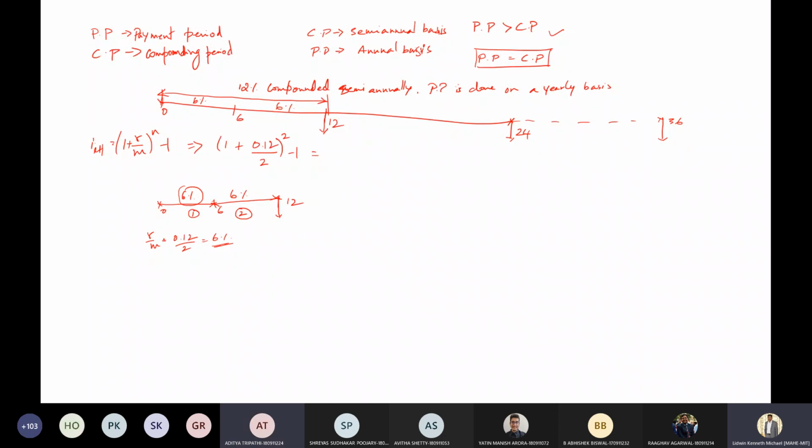It is 12.36%. So that means this interest rate is applicable from here to here because you're making the first payment. So this will be your actual interest rate for the time period of 1 year.